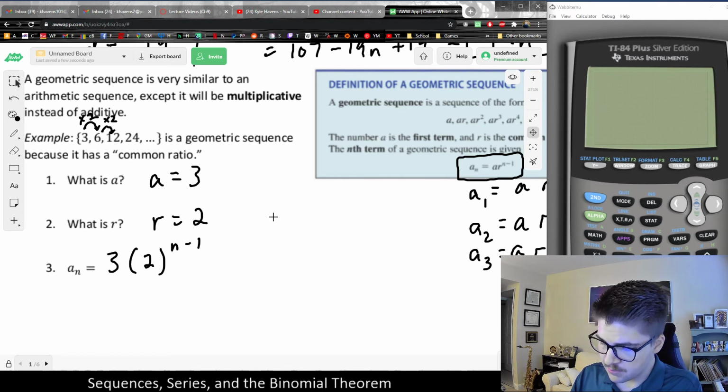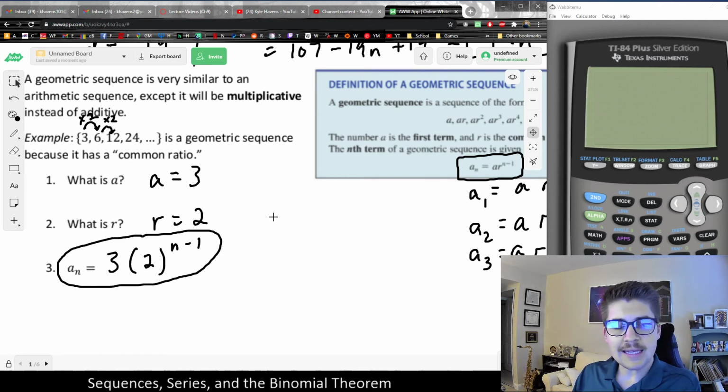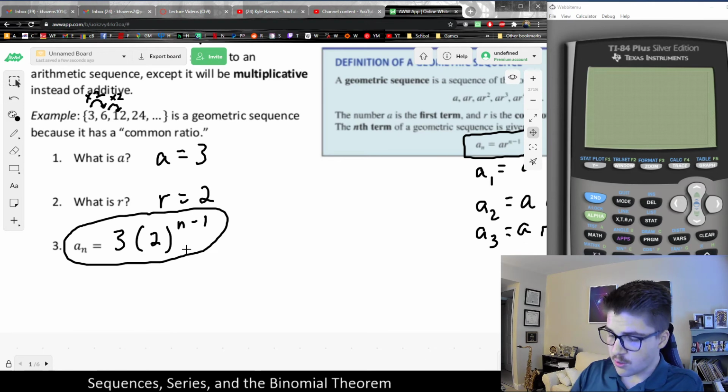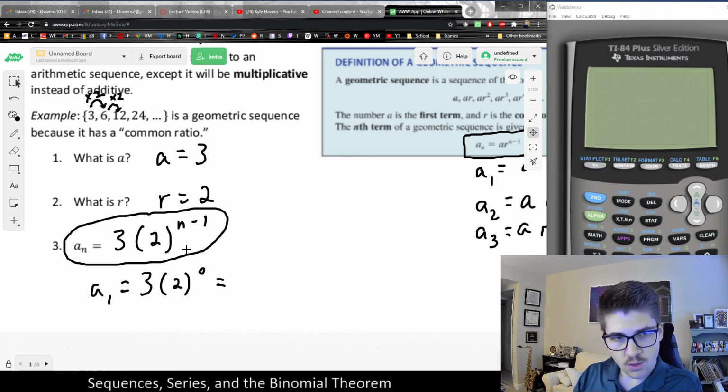And as I said before, if we wanted to make sure this formula works for this particular sequence, we could always start plugging things in. If we start with a1, does that work? This would be 3 times 2 to the 1 minus 1, which is 0. And 3 times 2 to the 0 is 3 times 1, which is 3. That's good.